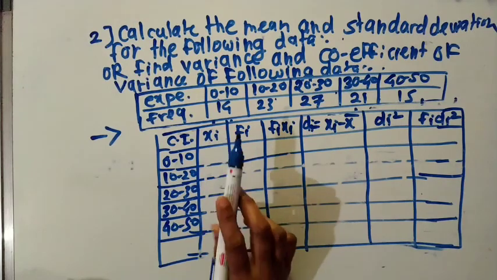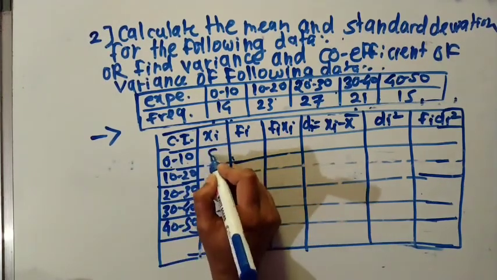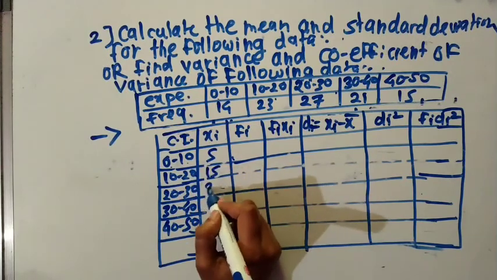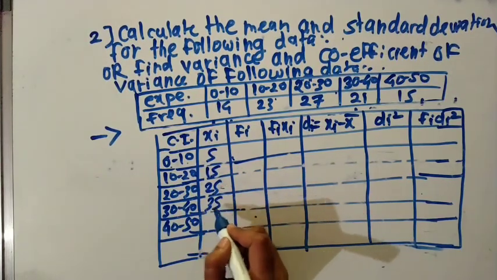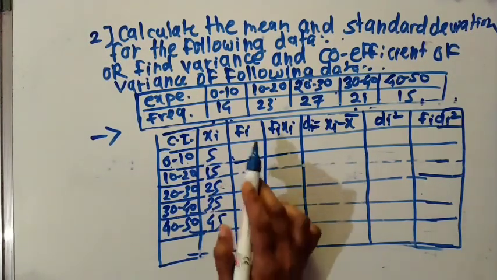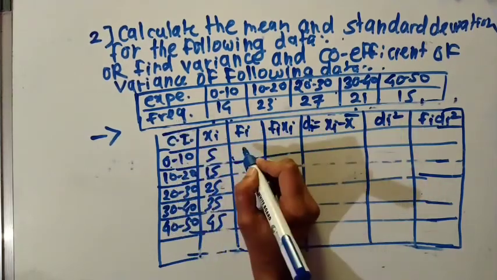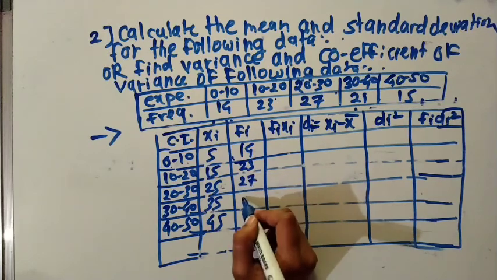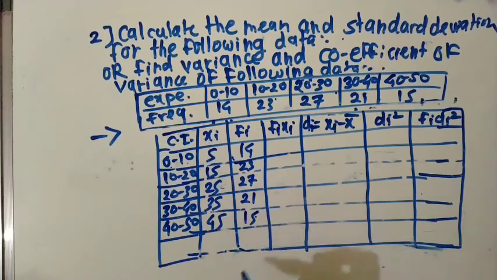Then xi is the mid value: for 0 to 10 the mid value is 5, then 15, 25, 35 and 45. And fi is the frequency: 14, 23, 27, 21 and 15.